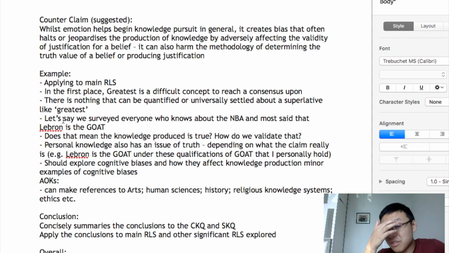So even if most people do believe that LeBron is the best, it is difficult for us to validate. How do we actually validate that he's the greatest of all time, right? So it is important to understand that there are cognitive biases that come into play when we say that LeBron James is the greatest of all time, right?